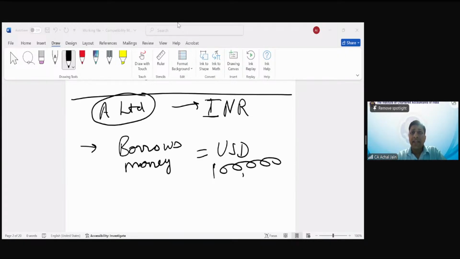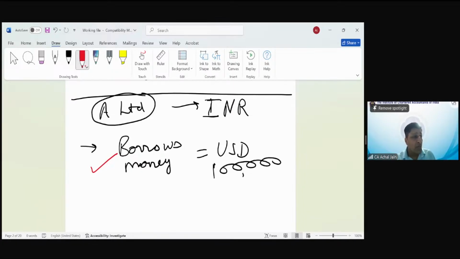So now AS 11 talks about principles, the guidance in relation to such foreign currency transactions, as to how you record that. Okay, clear on the meaning of foreign currency transaction? Yeah. So for recording this transaction in the books of accounts, what will the company be required to do?